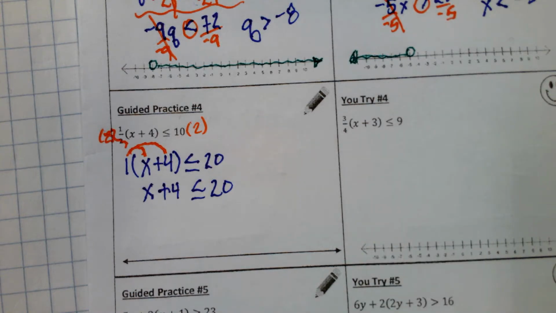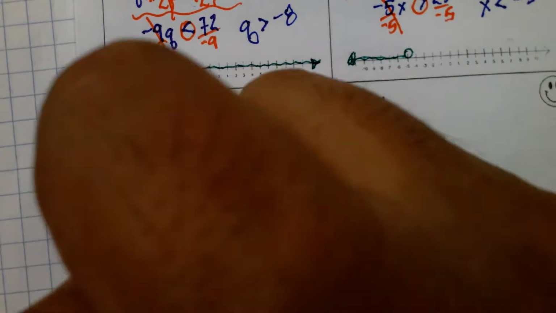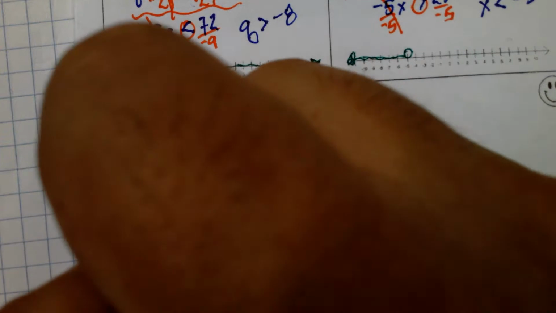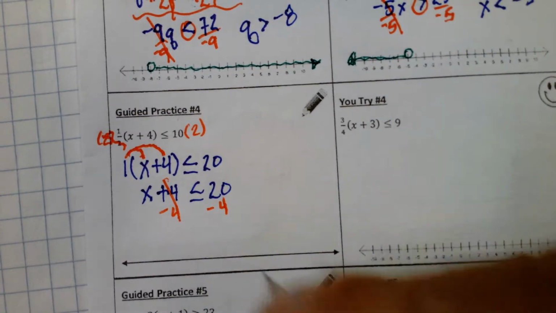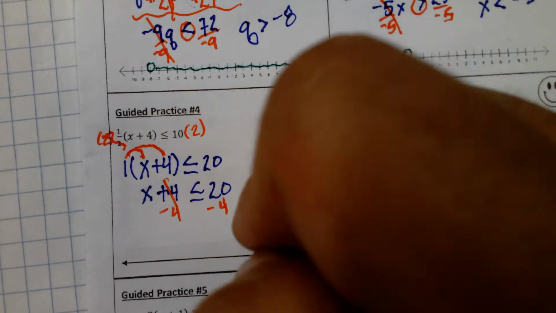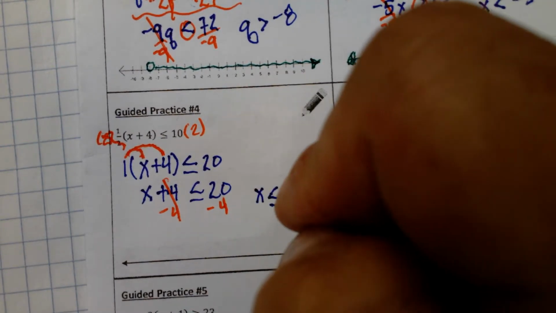Okay, let's finish up this one. Get rid of the plus 4. And we get x is less than or equal to 16, 20 take away 4 is 16.